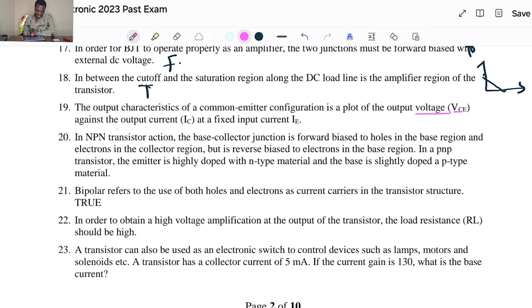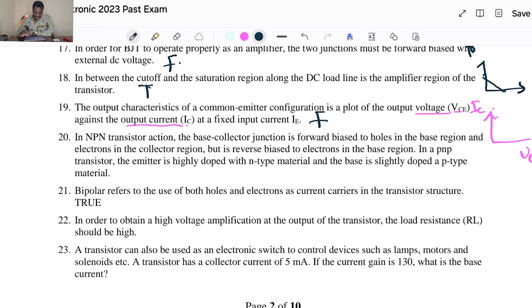Output voltage against output current. But when we talk about output characteristics, we are usually talking about the output current against the output voltage VCE, not the other way around. So here, this is going to be false. So question 19 is false.